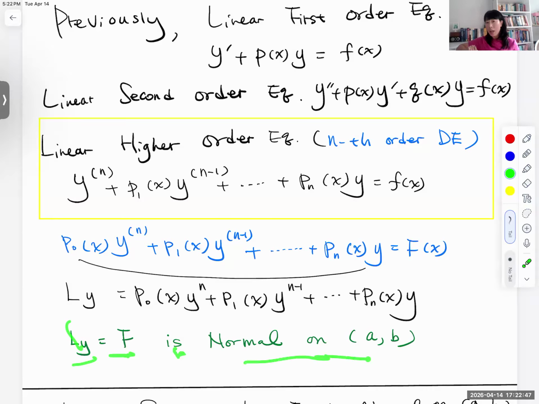Suppose the left-hand side, which is the linear higher order equation, equals the right-hand side, f, and f is normal on the open interval A and B. Let x naught be a point in that open interval, and let k sub 0, k sub 1, until k sub n be any arbitrary real numbers.